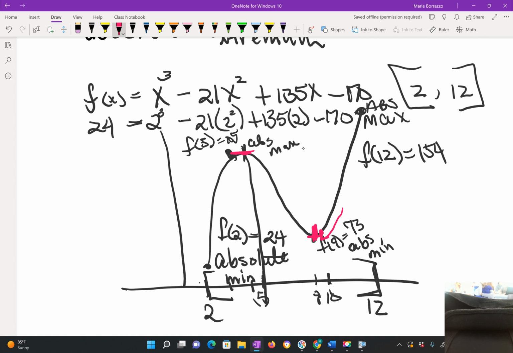What I find interesting is that in the textbook they're showing you this and they're still talking about these values in terms of absolute minima and maxima, yet they're slightly different.